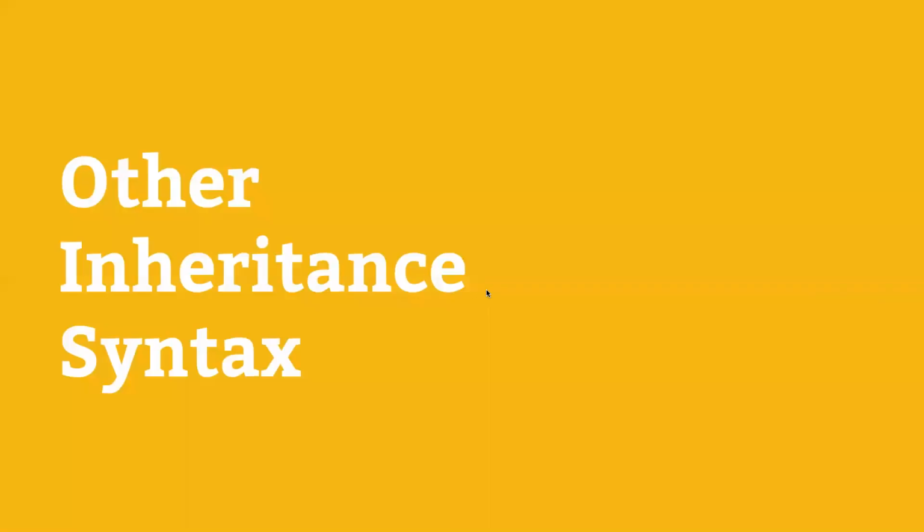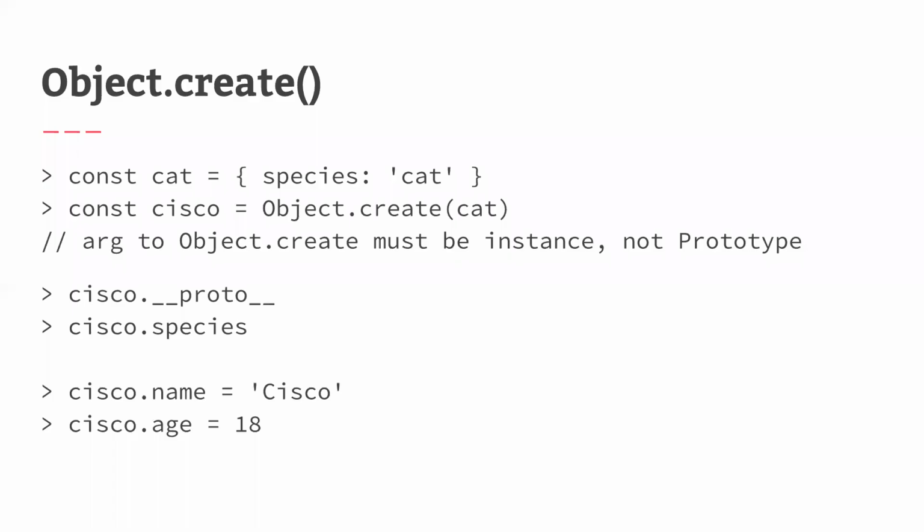All right. There's other inheritance syntax that JavaScript uses. We talked about constructor functions that we can use for inheritance. We can also use Object.create. I have a comment here because I find this syntax a little confusing. If I make a cat and its species is cat, it's just an object, right?